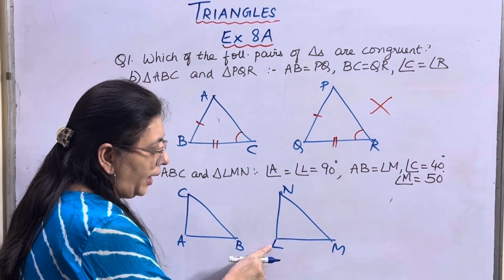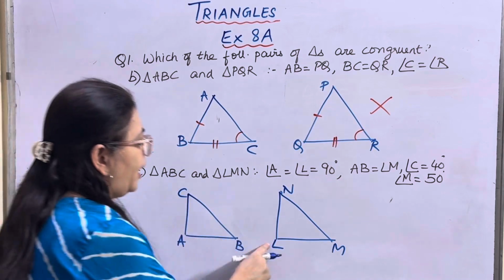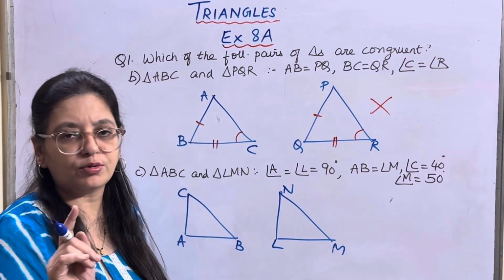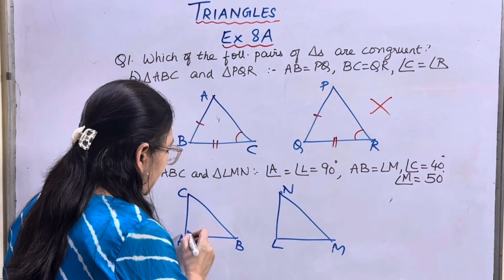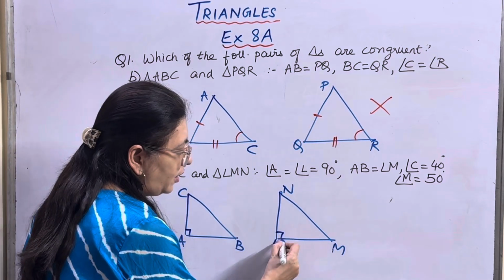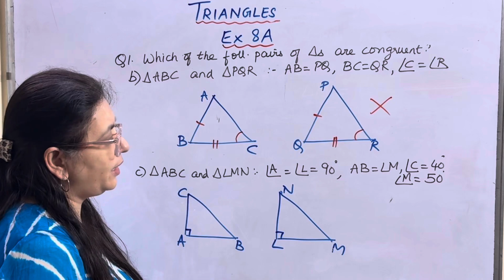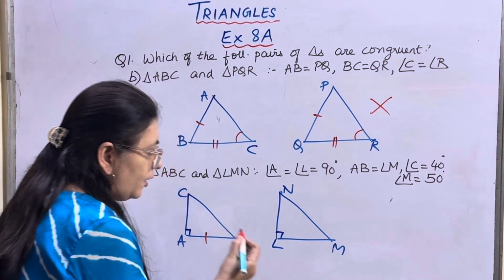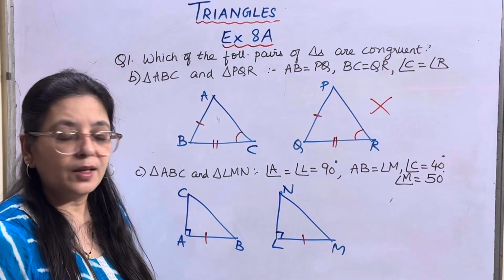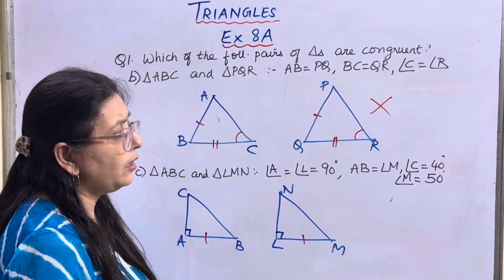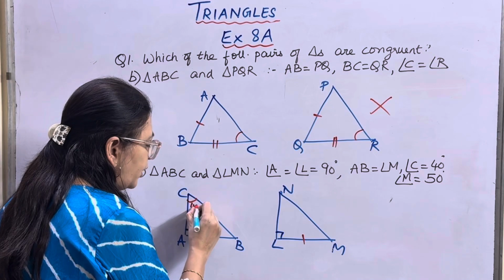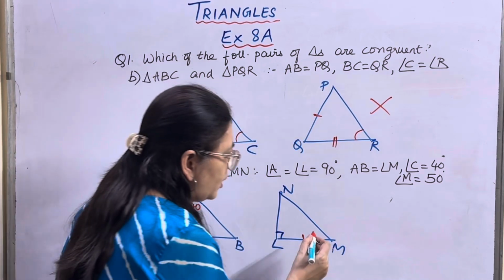If I write L here, that will be the quadrilateral. L, M, N is also correct. The first criteria, both these are 90 degrees. Second criteria, AB is equal to LM. Third criteria, angle C is 40 degrees and angle M is 50 degrees.